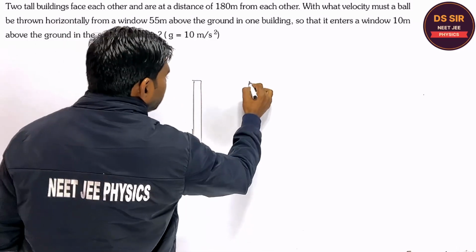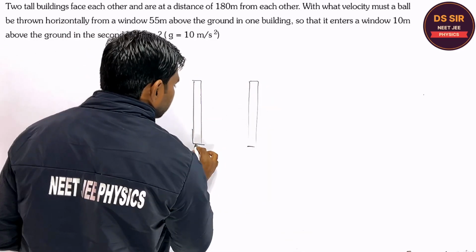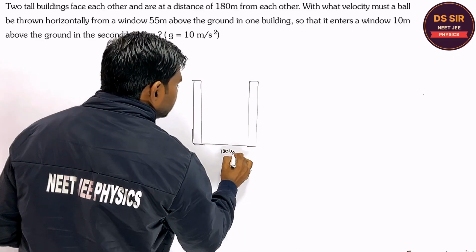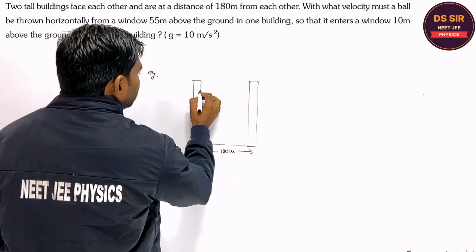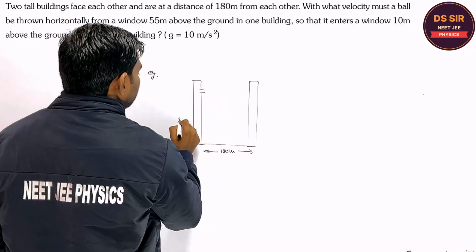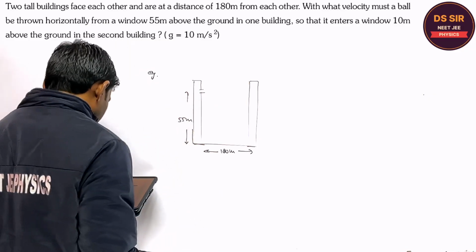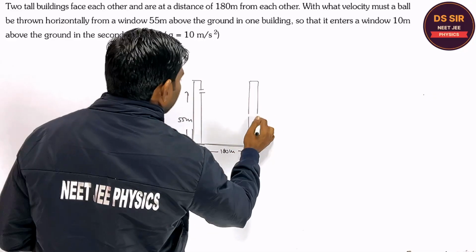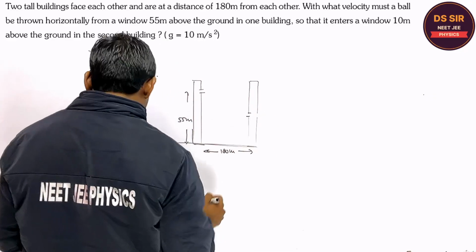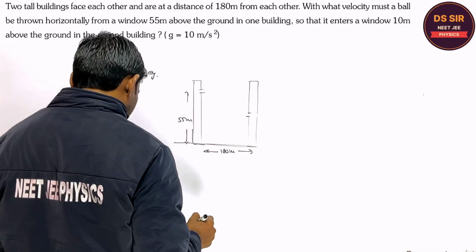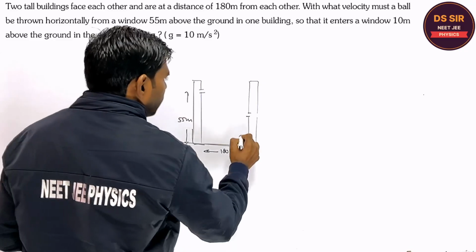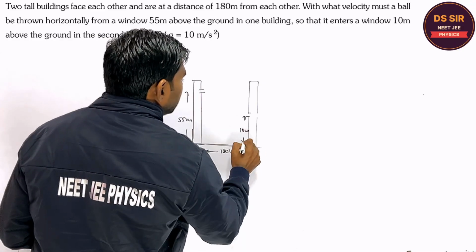There is one building, there is another building, and the separation between them is 180 meter. There is a window in the building, this is 55 meter, and there is another window in building 2, at a distance above the ground of 10 meter.